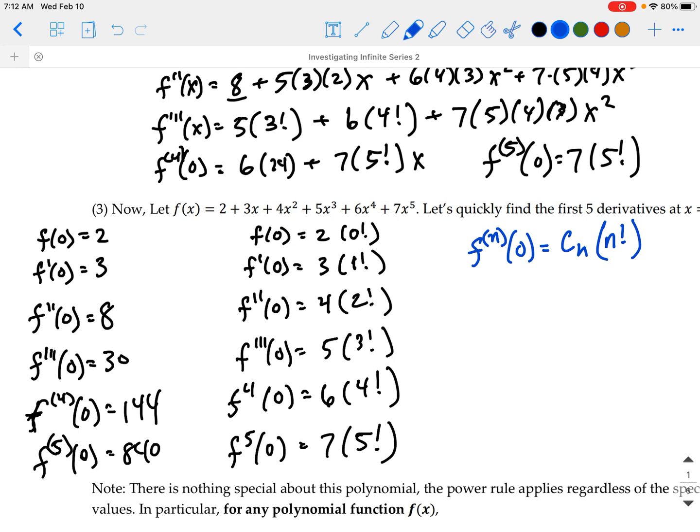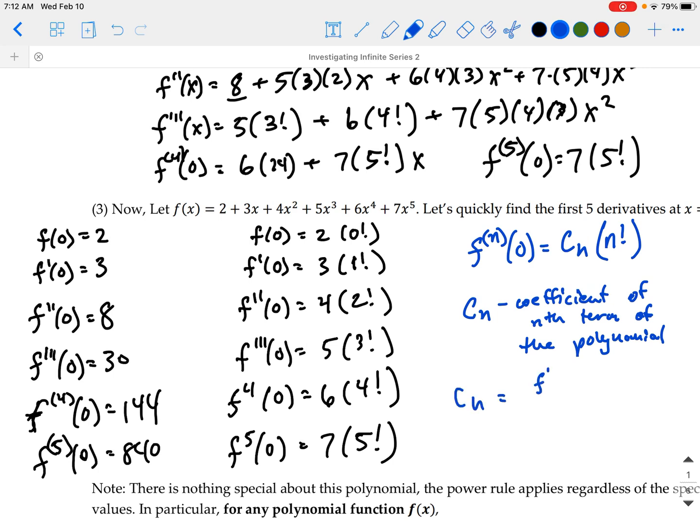And what that means then is that the coefficient n, so note this is the coefficient of the nth term of the polynomial, c sub n is equal to the nth derivative at 0 all over n factorial.